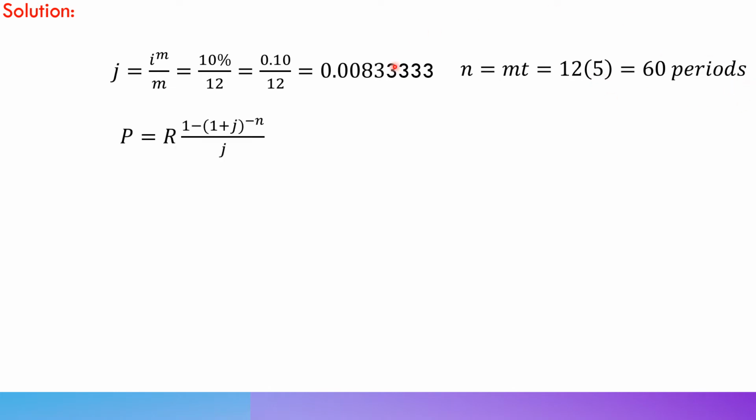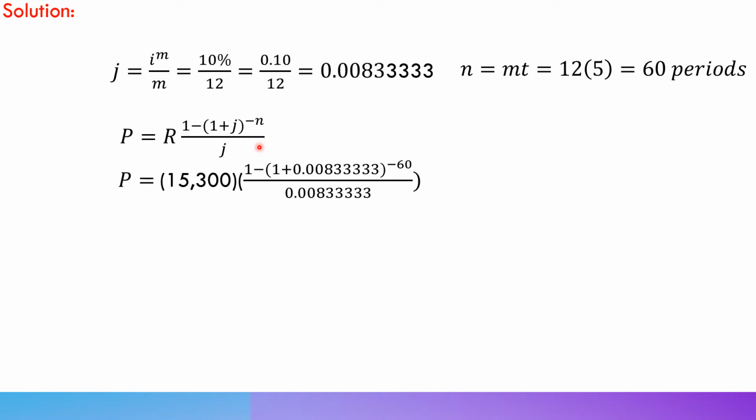So, computing for the present value of the car, that is equal to R times the quotient of 1 minus 1 plus j raised to negative n all over j. So, substituting, we have our R is 15,300 times the quotient of 1 minus 1 plus 0.008333 raised to the negative 60 all over 0.008333.